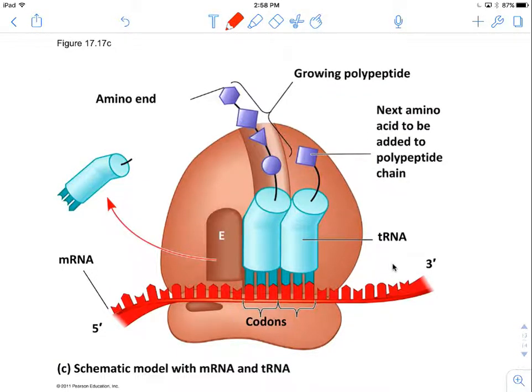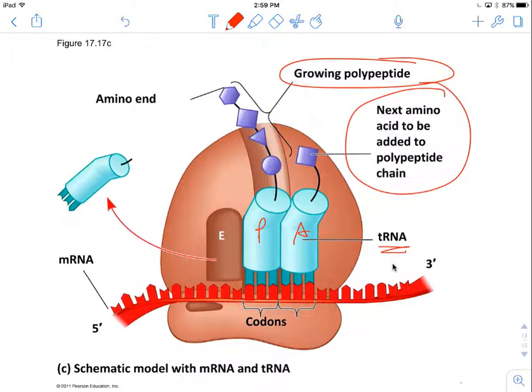So in the P site here, we've got the tRNA that's holding the growing polypeptide. What will happen is then into the A site, the next tRNA comes in with the next amino acid, and this polypeptide chain will be added onto that amino acid, and it'll be next in line.